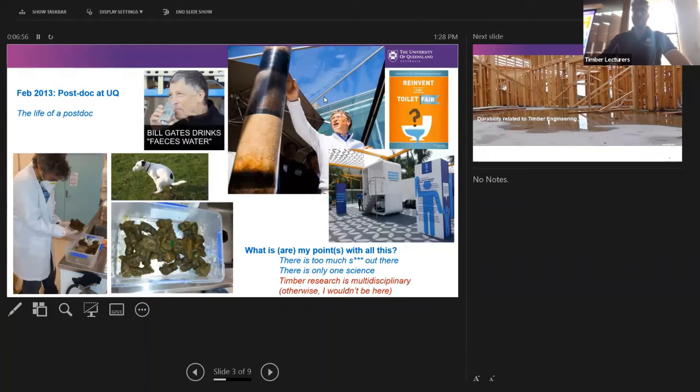This is linked with my next talk, because you will see that it has nothing to do with civil engineering, and at the same time has a lot to do with it. So the point is that timber research is a multidisciplinary area. Otherwise I wouldn't be here. That's the point of this.